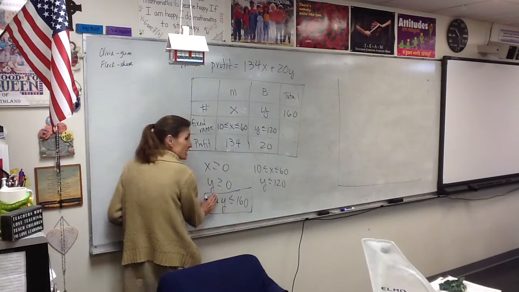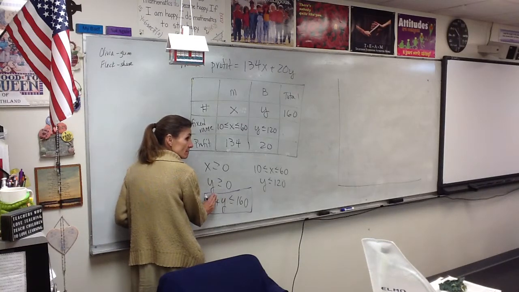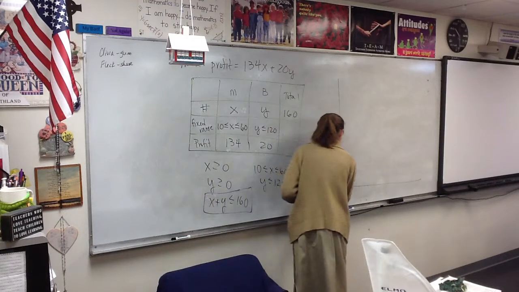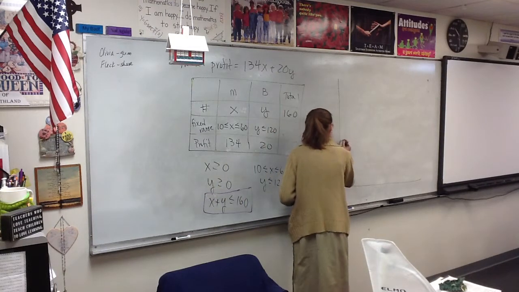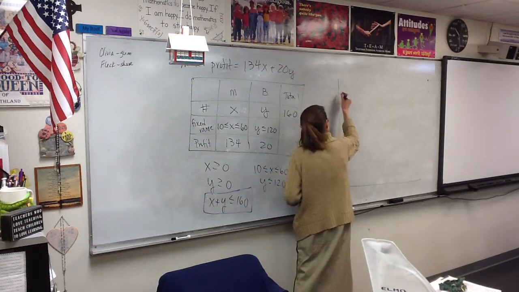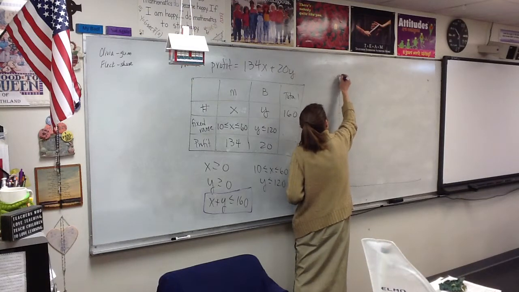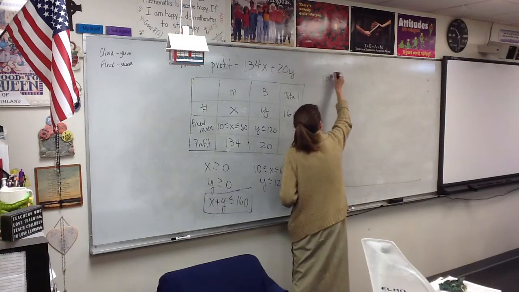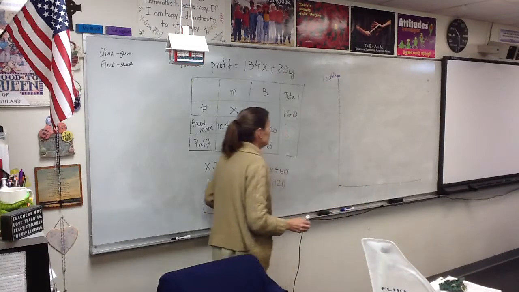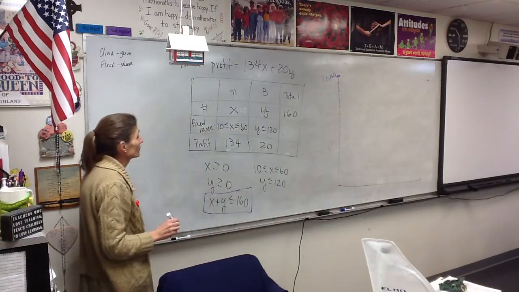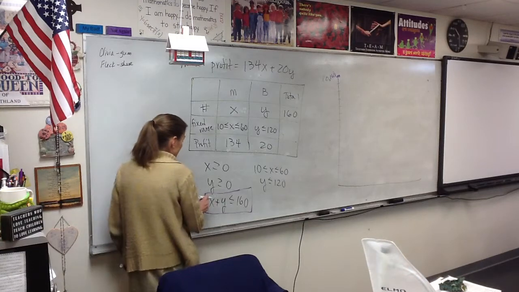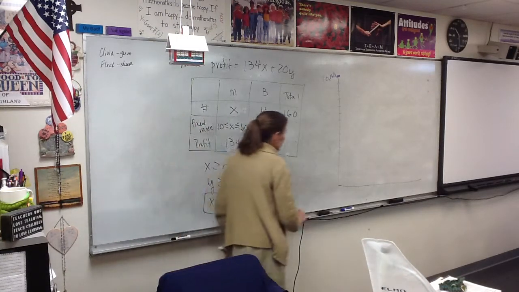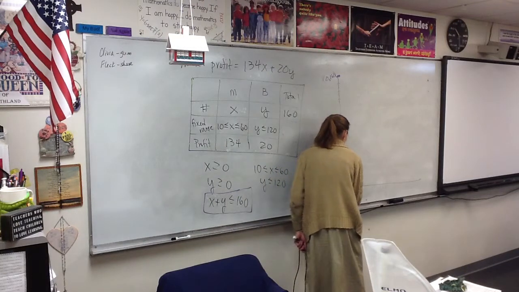So if I cover up the X, it says Y is 160, so I have to count up 16. That's actually 160. And then if Y is 0, X would also be 160.